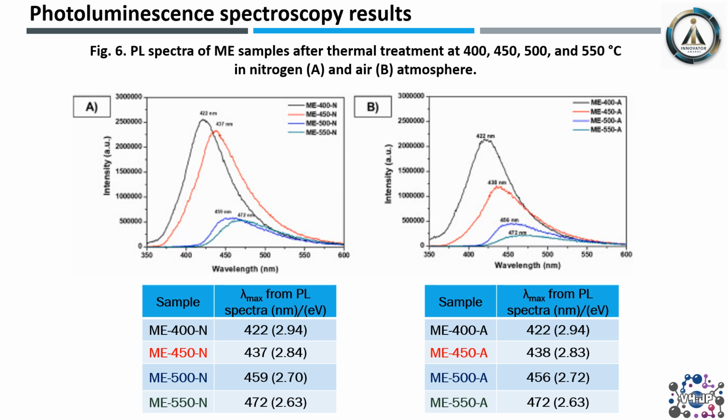And the photoluminescence spectroscopy results for the two series of samples that were heat treated in nitrogen and air atmosphere. You can see on those two figures the positions of the maximum emission bands, which are included in the table, and energy band gap values that were evaluated from those data.